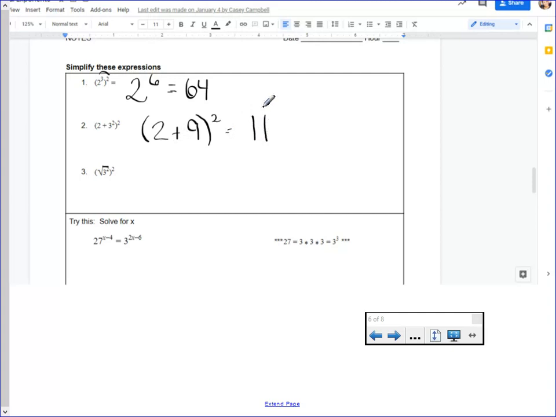And then you can square that, which ends up giving you 121. The other way you could have done that is you could have taken 2 squared, which is 4, and 9 squared, which is 81, but that doesn't seem... Oh, you have to add them up first and then square it, I guess.